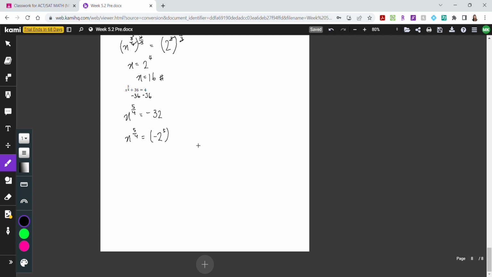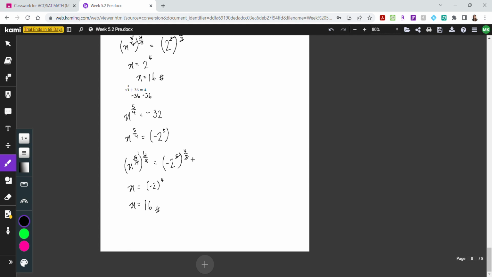Like the question before, I'm going to multiply both sides with the reciprocal of 5 over 4. Right, so I'm now going to get this. I'm going to simplify the fractions. I know obviously these all cross out to give me 1. This crosses out to give me 4. So now I'm going to get x equals negative 2 to the power of 4. Solve that to give me 16.